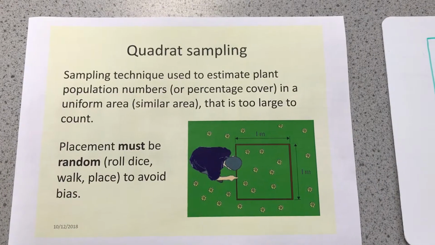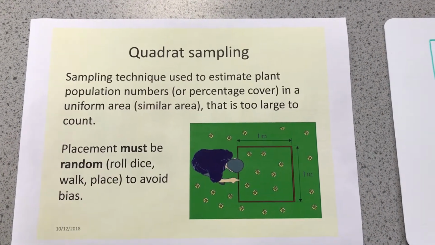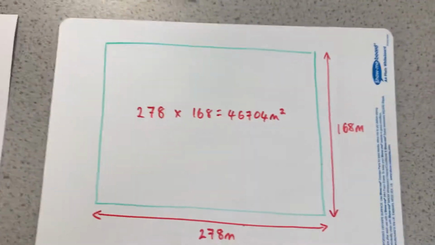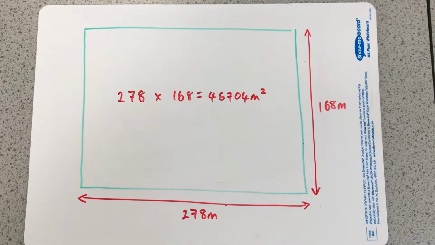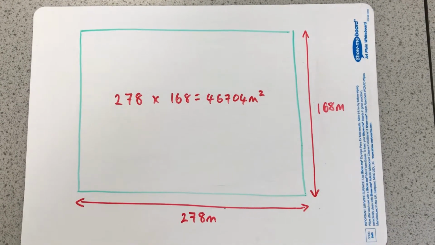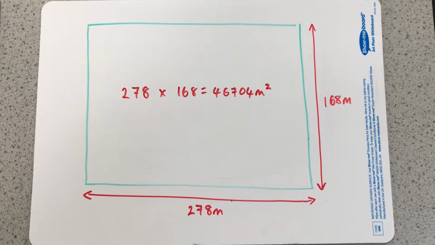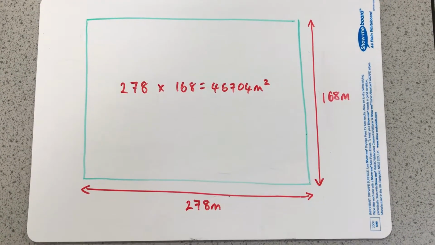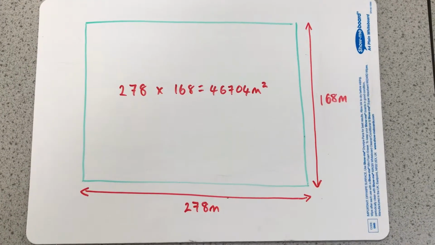Now, as you can see, it says here that placement of the quadrat must be random. We don't want any bias. Let's say we have our field and we're trying to prove that there's a lot of a plant out there that is an endangered species. If we see that there's a lot of that endangered plant species in one area and we just keep putting our quadrat down there, it's going to be a very biased set of results.